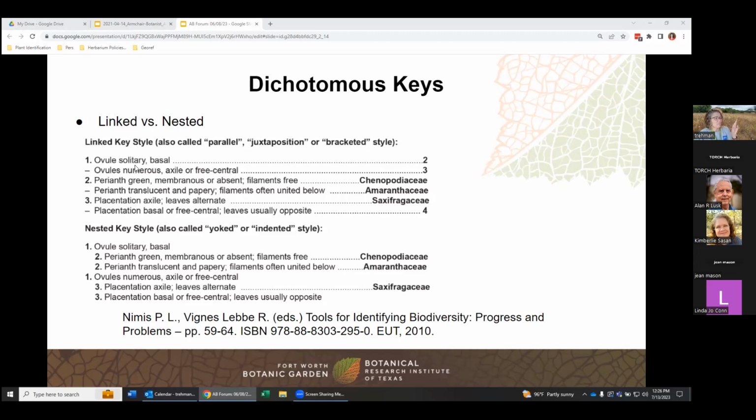But if I chose that my ovules were solitary and basal, that would take me to number 2. And then I would look at the two options that are in parallel, one right after the other. So that's your linked key. If y'all are using the Illustrated Flora of North Central Texas, which you'll see screenshots from in the rest of this presentation, then we're looking at a nested key style.